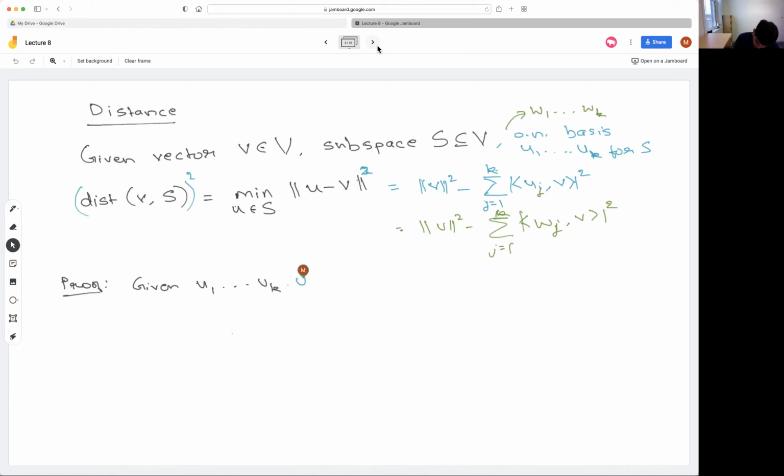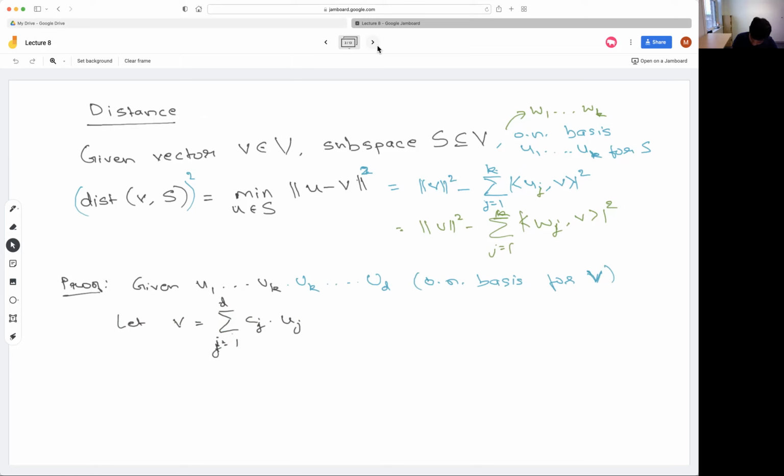Let's complete it to U1 to UD, which is an orthonormal basis for the whole space. Now, let's say our vector V can be written in terms of this basis, with coefficients, let's still use j.